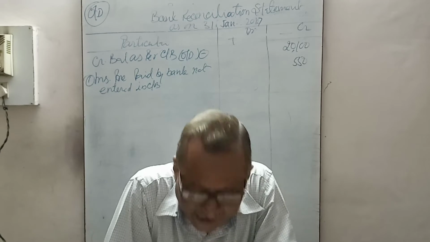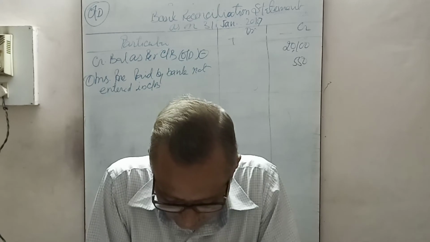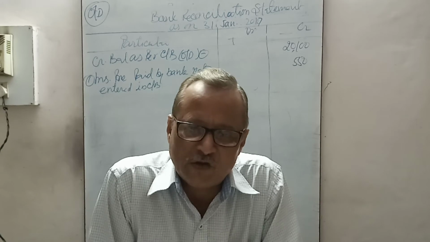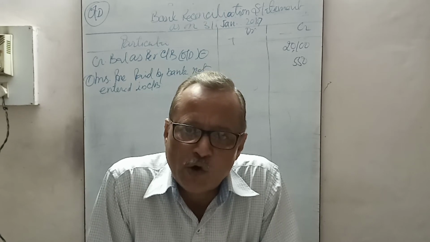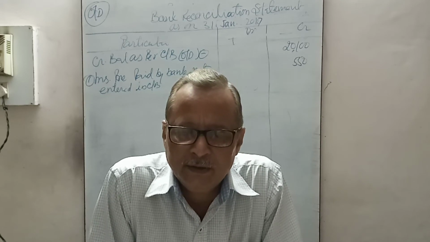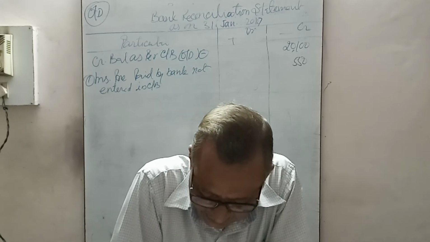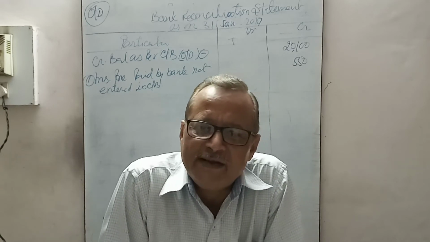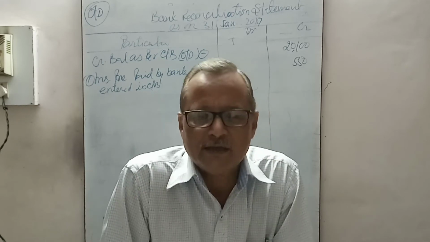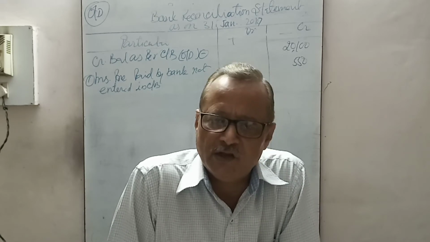Second, checks for 25,000 issued during January, but checks for only 18,500 were presented for payment. Checks issued 25,000, but only 18,500 was debited in the passbook. It means still 6,500 were not debited in the passbook, that is, not reduced from the passbook. Cash book was reduced by 25,000, whereas the passbook was reduced by only 18,500.